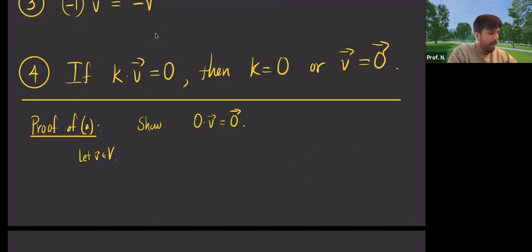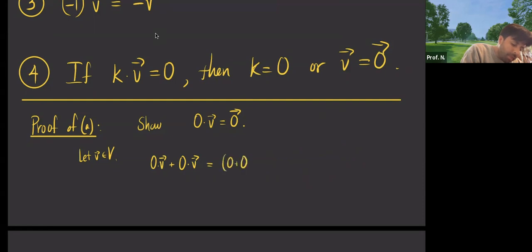This is when you kind of have to play around with this a bit. Well, what we know is that if we take 0 and multiply it by V, this is the same thing as saying what? 0 plus 0 times V. Is this agreed?